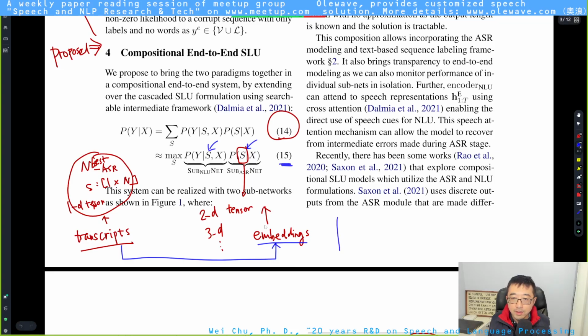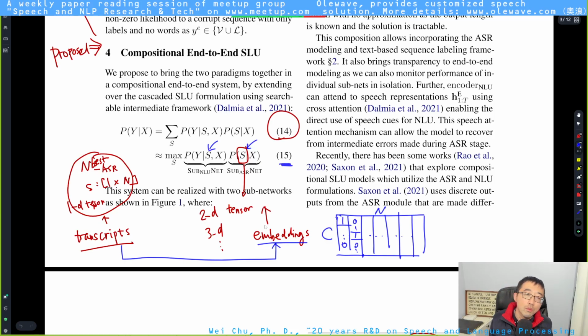Okay, for instance, this is probably their unlabels, but this is the classes of the labels. So all you have to do is, with unlabels, for the first one, you just put a 1 here and then fill the other things with 0. And for this one, probably this one is 1, the others are zeros. You get me? So the rest are the same. So then you can go from a transcript to embeddings.